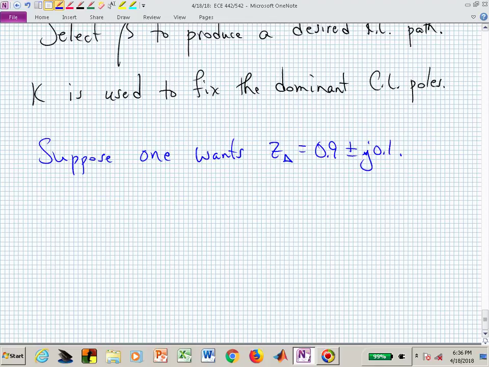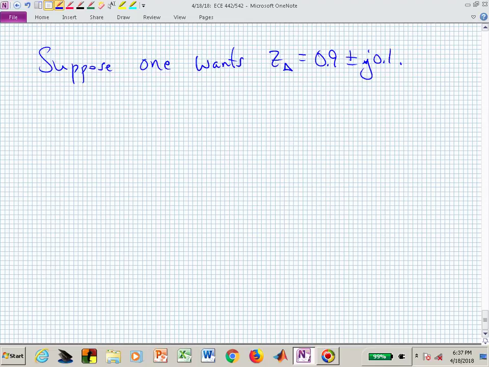If I give you Z delta and these are the closed loop poles, you should be able to tell me the settling time, peak time, and percent overshoot. So now suppose somebody says, I want my closed loop poles at 0.9 plus and minus J 0.1. Now the question is, is it possible to have closed loop poles at Z delta with a PI controller?